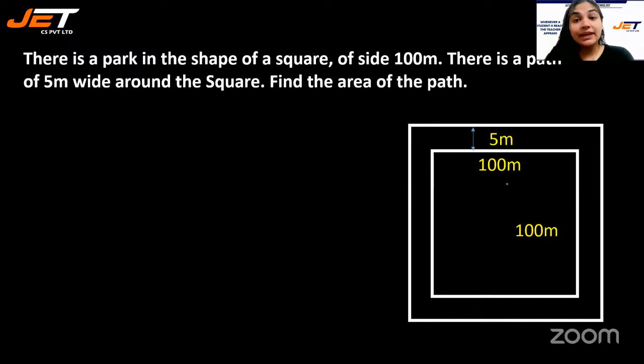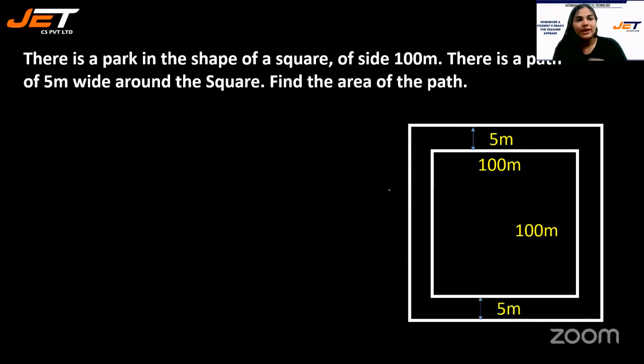We need to find the area of only the path. How will we do it? Anything coming to your mind when you see this situation? How to solve it? Okay, so let's see how we do it.